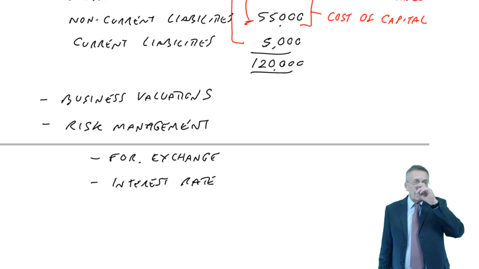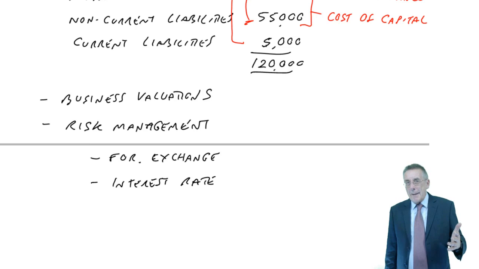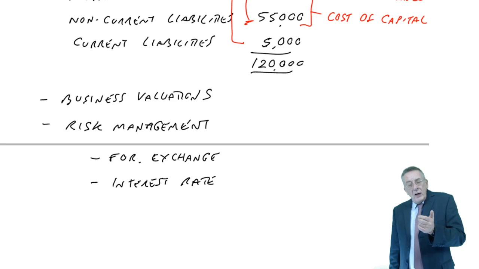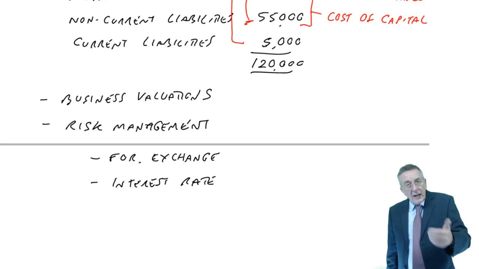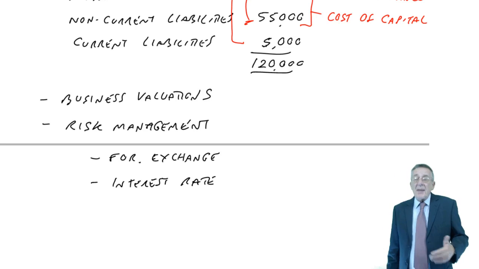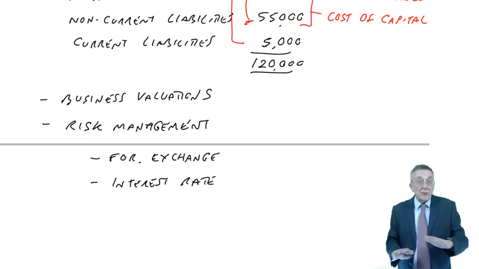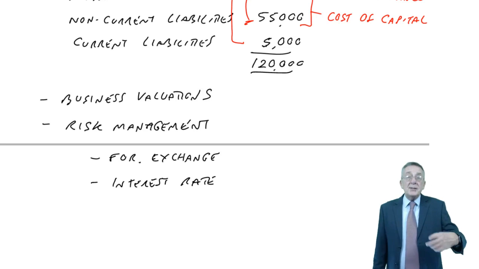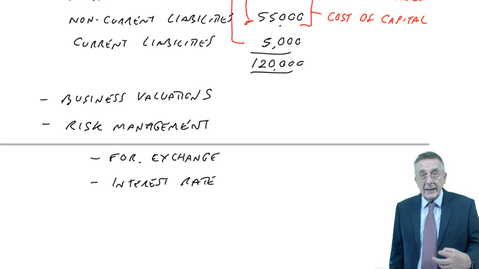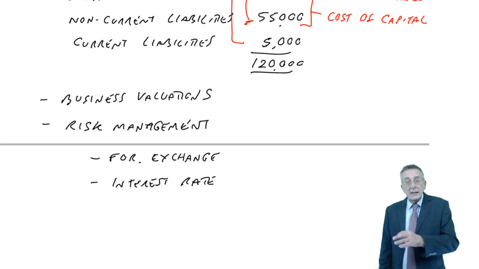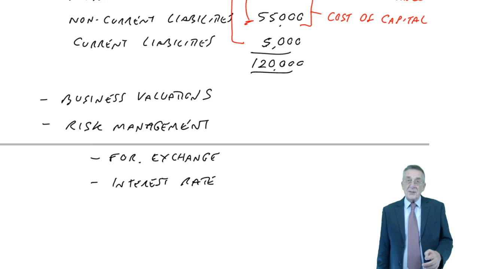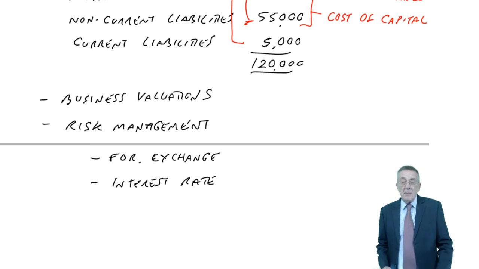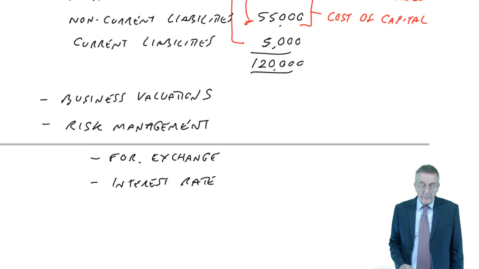Essentially, if we are borrowing money, although clearly we'll know what the current interest rate is, interest rates can change, may go up, may go down, there's risk. But again, no calculations at F9, but discussing ways that are available to the financial manager to try and remove or reduce the risk so we're not affected by changing interest rates.